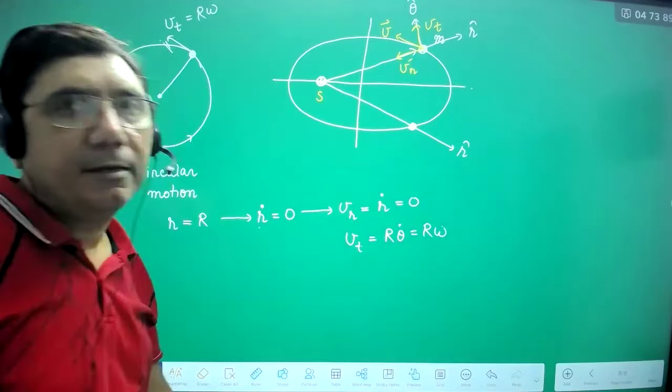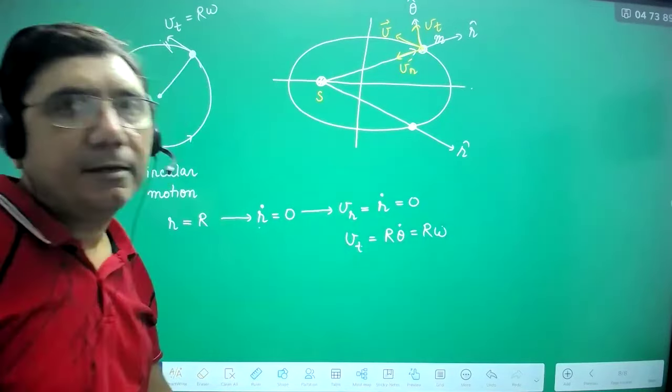Source is here. Now, if this is the particle, then this is the radial direction, and this will be theta cap direction, because the angle you are going to measure like this, in the anti-clockwise direction. So this is theta cap.